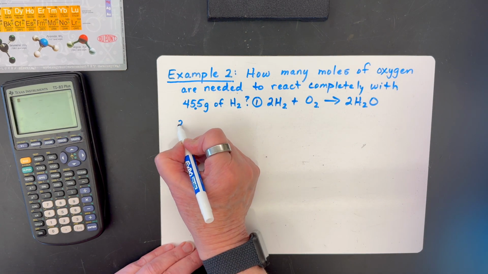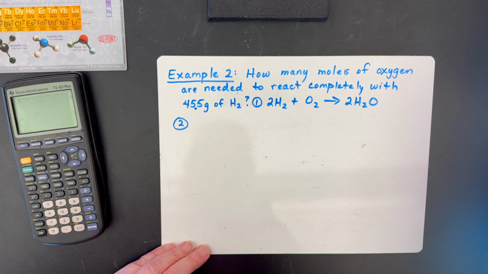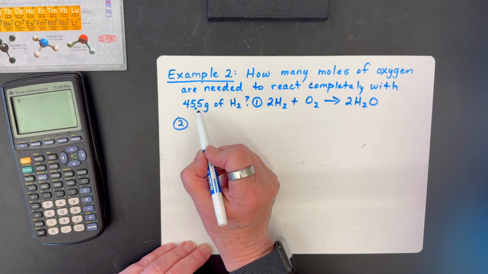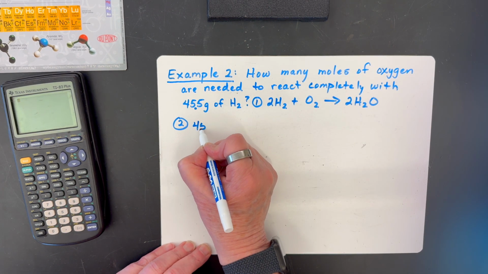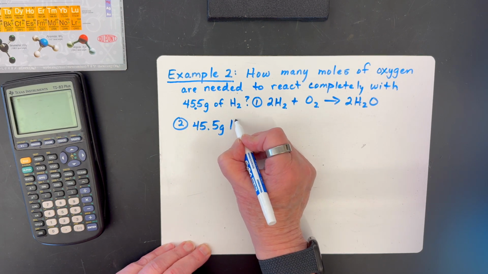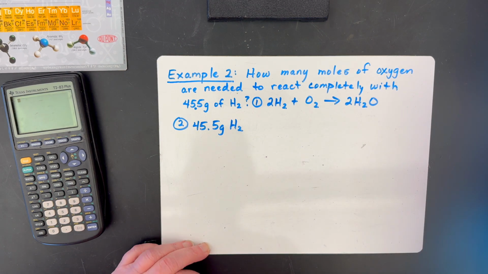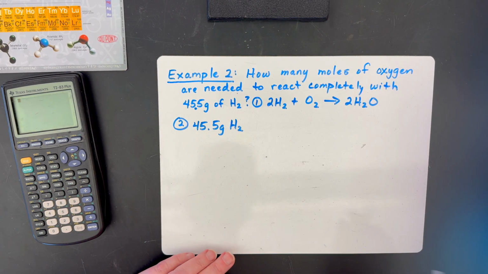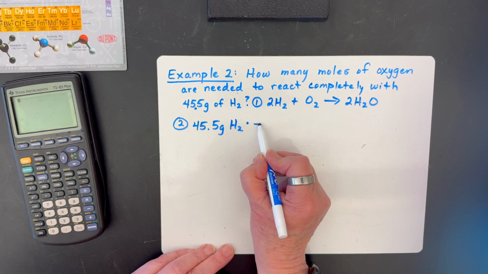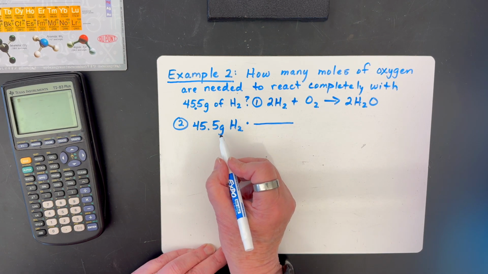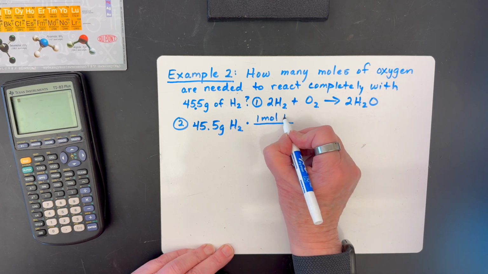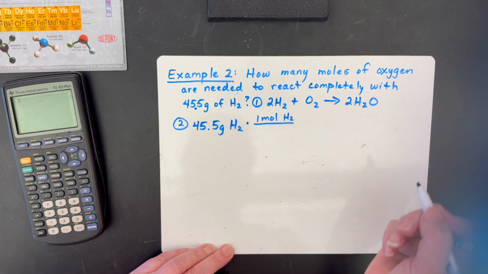Step 2, get whatever we're given into moles. So we are given 45.5 grams of hydrogen gas. And remember, hydrogen is diatomic, it's H2. We want to change this to moles. So we need a conversion factor. And we're changing it to moles. 1 mole of hydrogen gas.